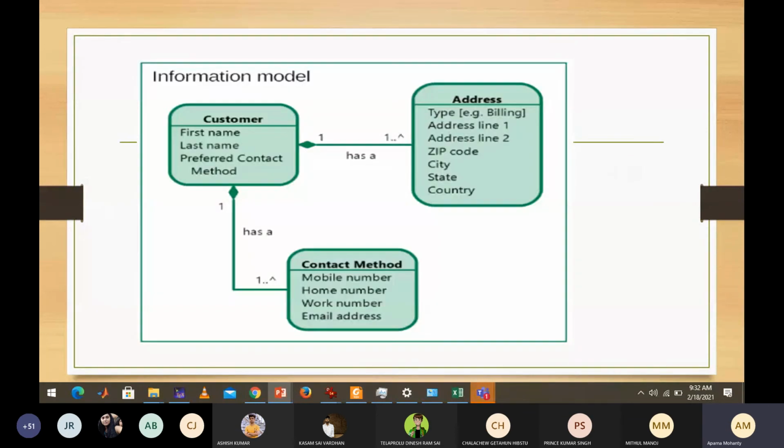The customer was there, the contact method was the marketing strategy, and this was your ordering strategy. All three you combine and generate one information. This can obviously be combined because in both, the customer name and customer details were common.